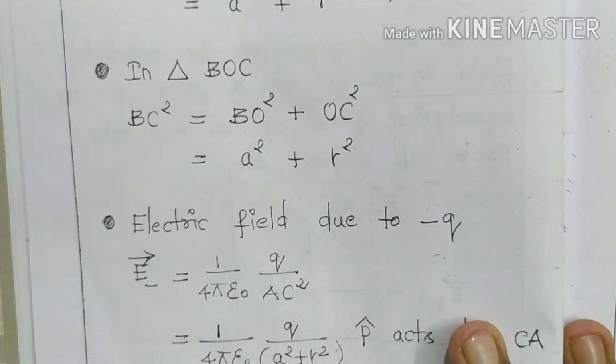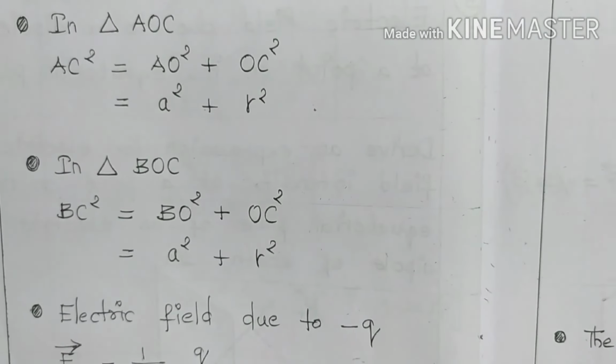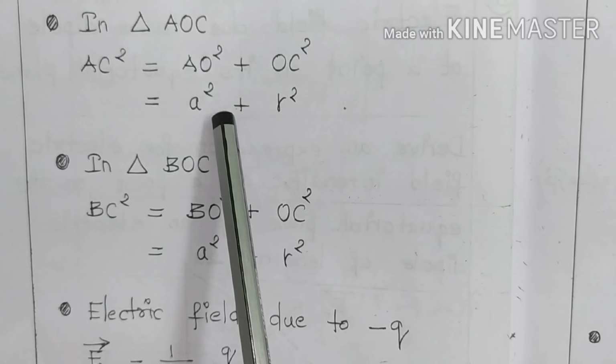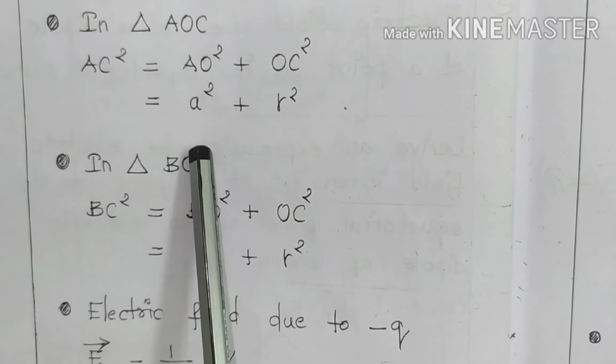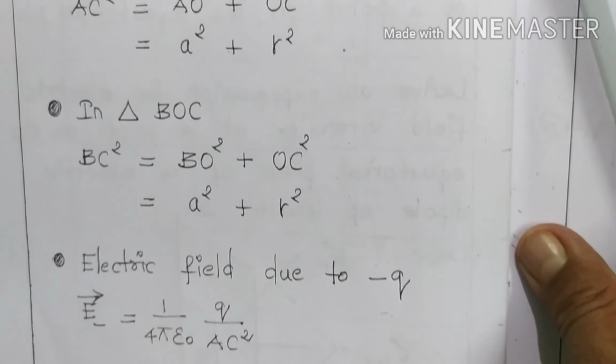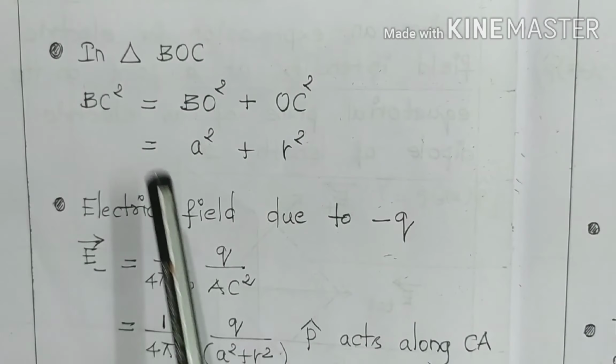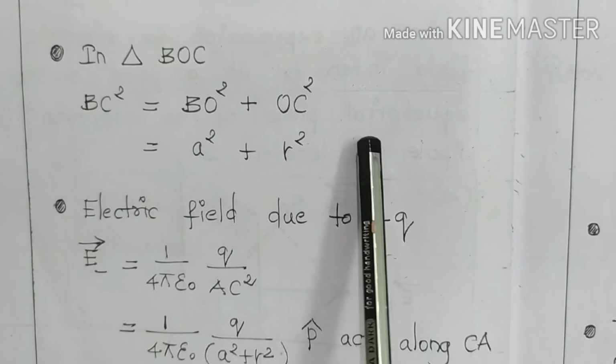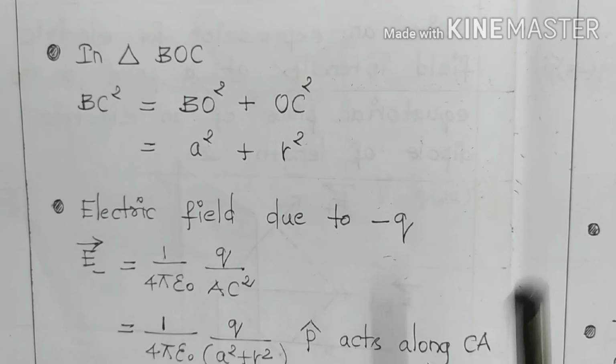Okay. So in triangle AOC, AC squared is equal to AO squared plus OC squared, that is A squared plus R squared. Similarly in triangle BOC, BC squared is equal to BO squared plus OC squared, that is A squared plus R squared.